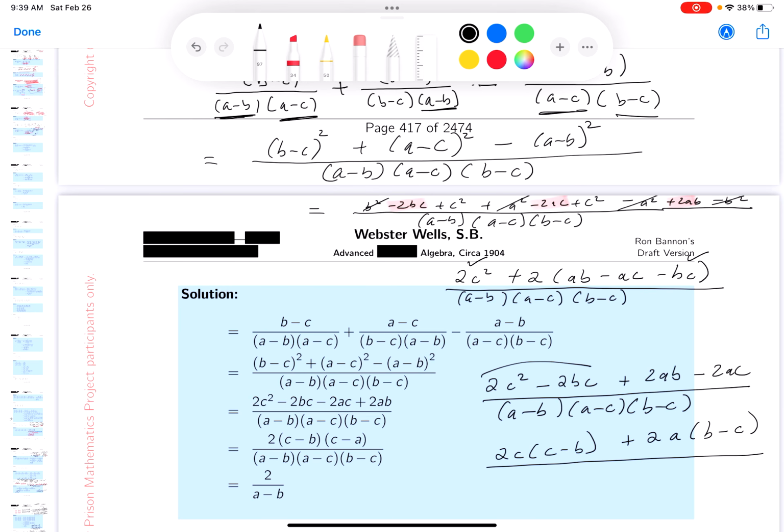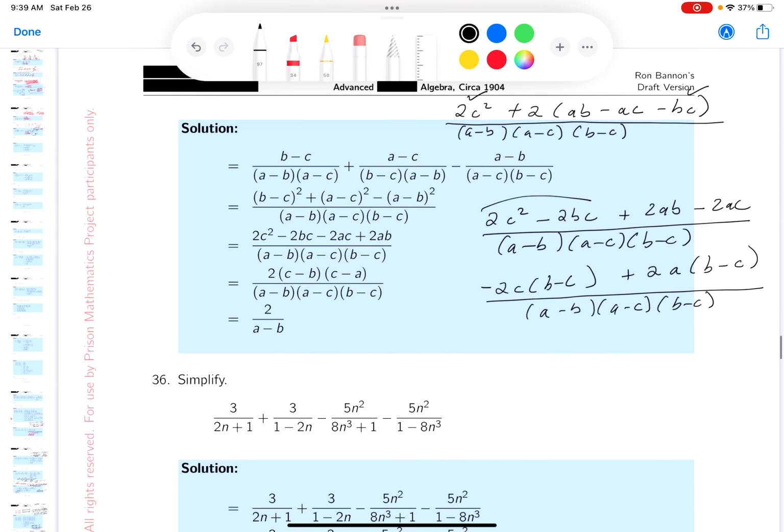So what I'm going to do is pull out a minus 1. Let me put this down for you. That will be B minus C. Minus sign there, all right? What do you get in bottom? You still get A minus B, A minus C, and B minus C.